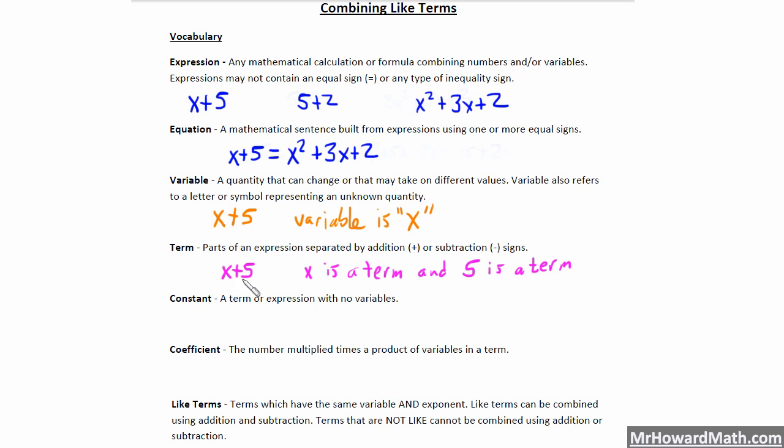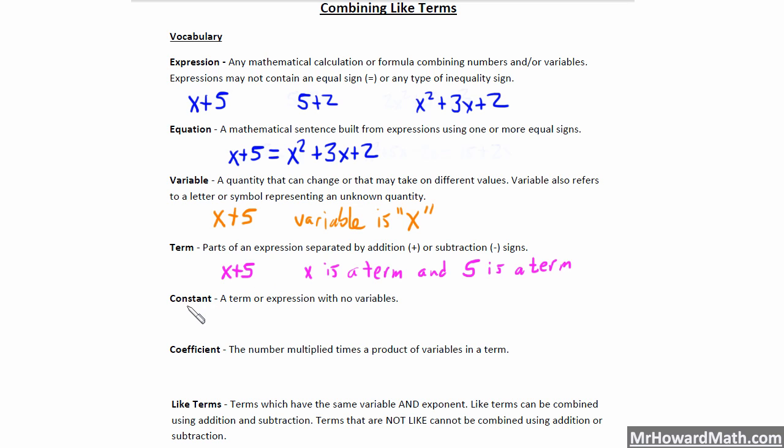Okay? So we have two terms in this expression. Notice they are separated by this addition sign. Okay, that's the key. I think the easiest way to remember what a term is: each term is separated by a plus or a minus sign. Okay? I should say subtraction sign. Plus or subtraction sign. Okay?